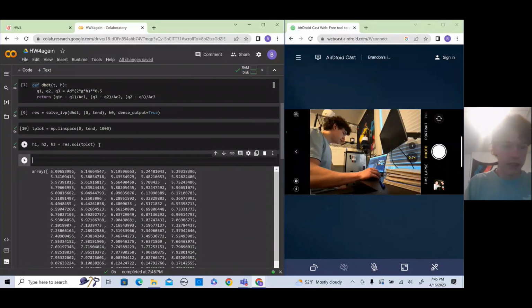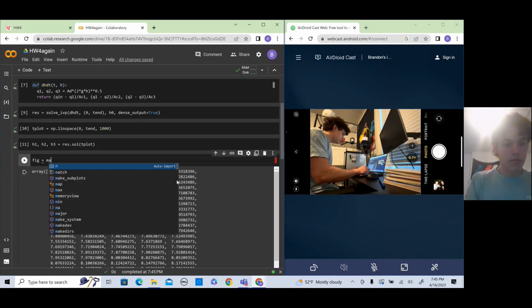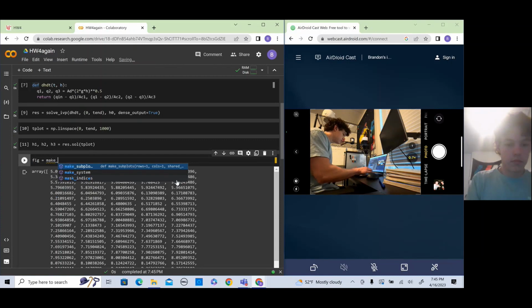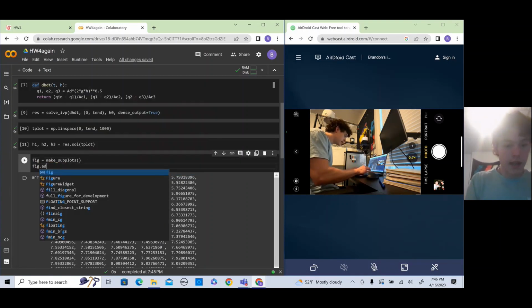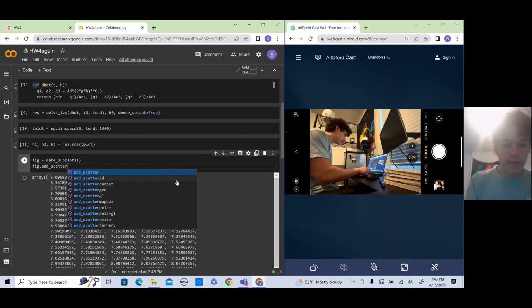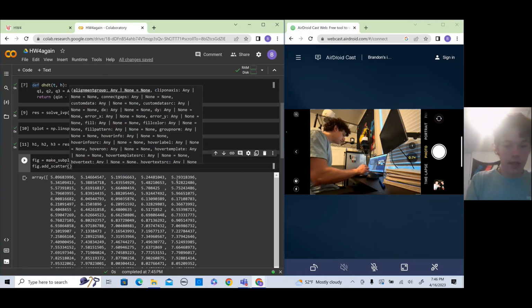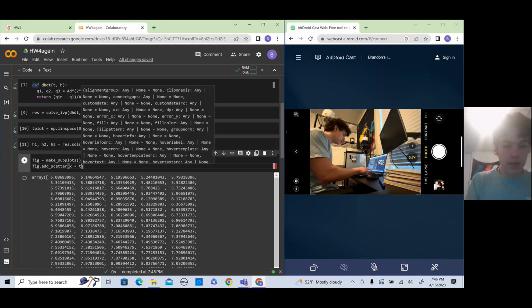So now we just need to plot these out. So fig equals subplots, and fig.add_scatter. Our x will be equal to t_plot.